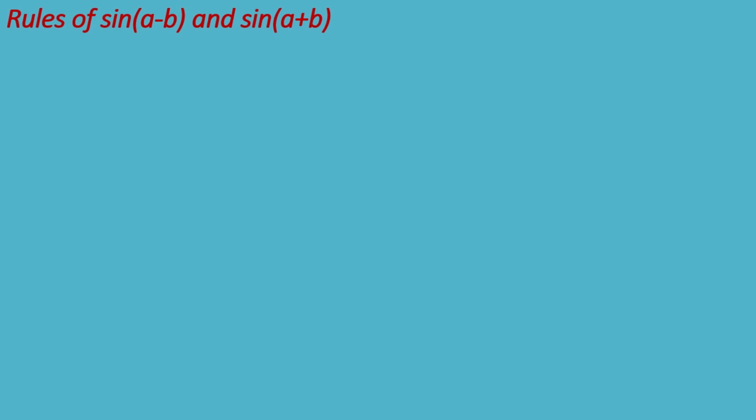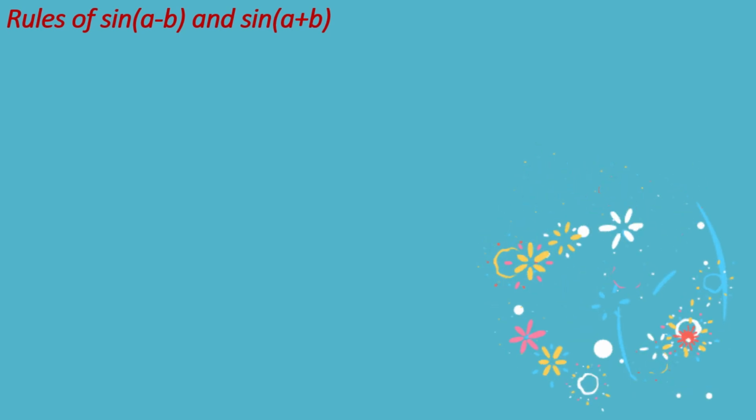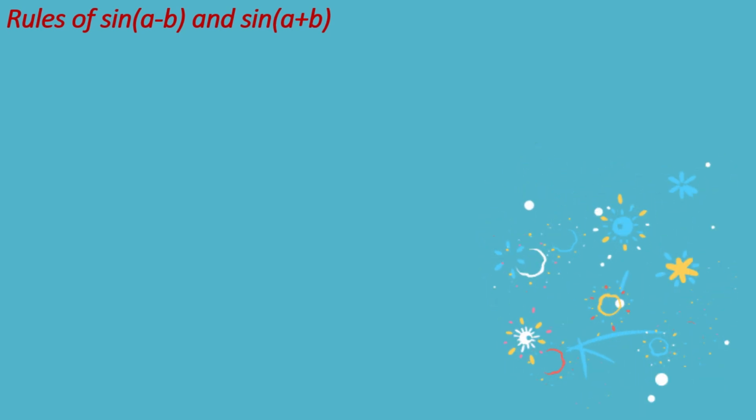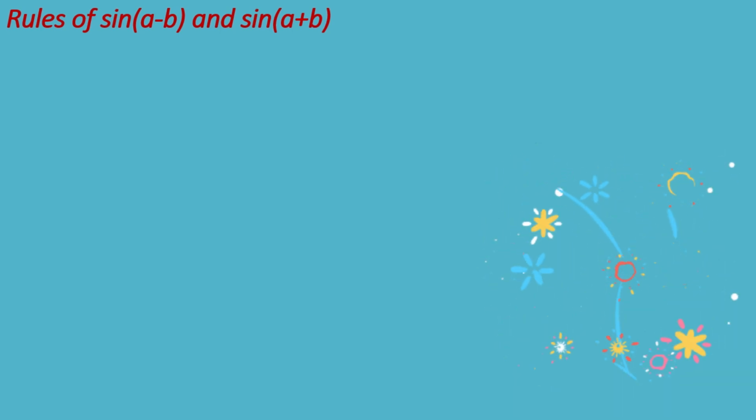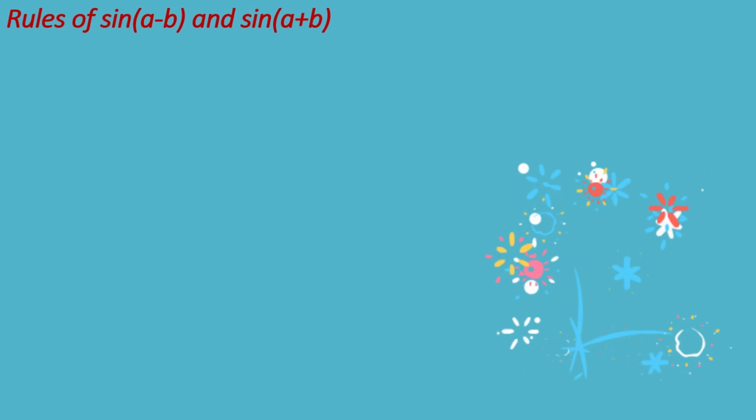Rules of sine A minus B and sine A plus B. We know that cosine A minus B equals cosine A cosine B plus sine A sine B. And cosine A plus B equals cosine A cosine B minus sine A sine B. If we have a plus, on the other side we have minus.